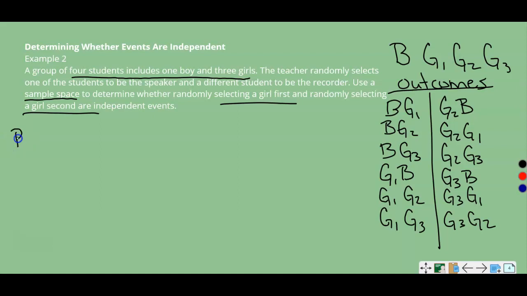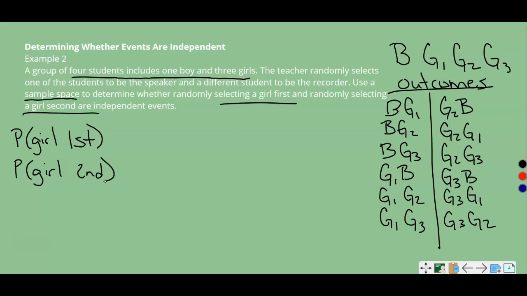So the first thing we need to do is find the probability that a girl is first. And then we need to find the probability that a girl is second. All right, so that's the 2 probabilities we need to find independently.